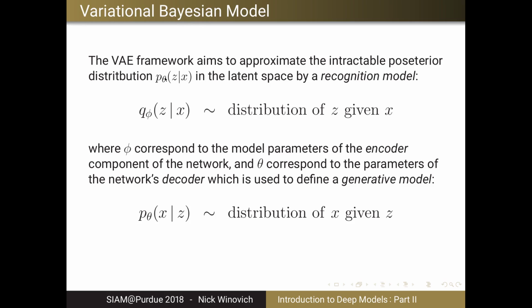The parameters here, theta and phi, are relative in the sense that where we are in the latent space depends on how we decode. So these theta parameters are representative of the decoding component, the generative component. Even the true distribution is going to depend on that, so that's why we have theta here even in the true one. But those are the decoding parameters, and the variables phi are in the encoding or recognition model.